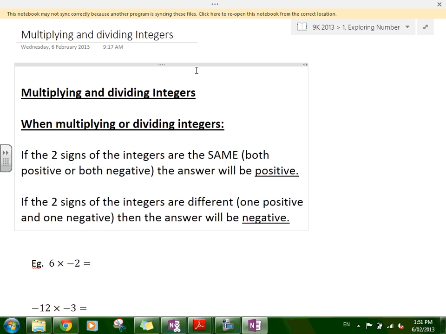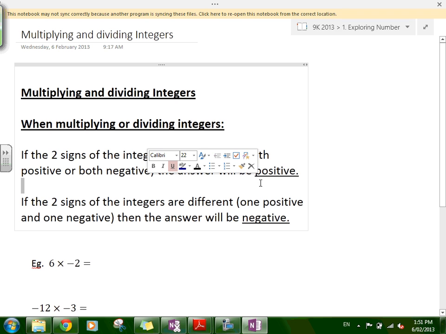But this time, when you're multiplying and dividing integers, which is just, remember, whole numbers, positive or negative, if the two signs of the integers are the same, so if it's a plus times plus, plus divided by plus, or a negative divided by negative, negative multiplied by negative, the answer is always going to be positive.